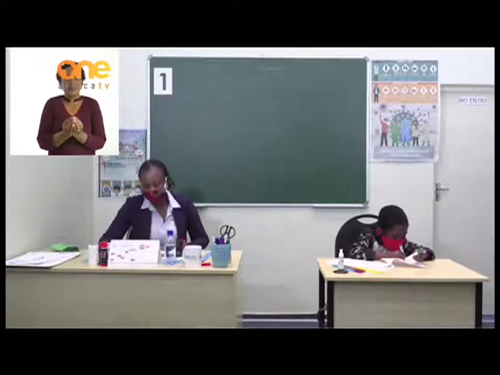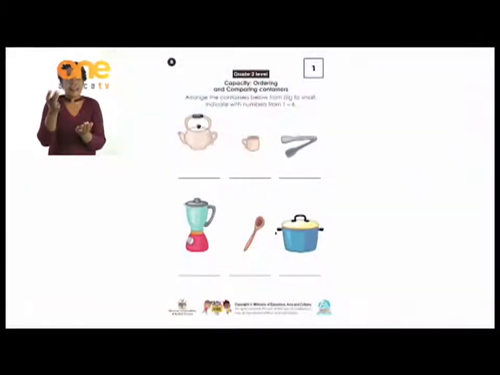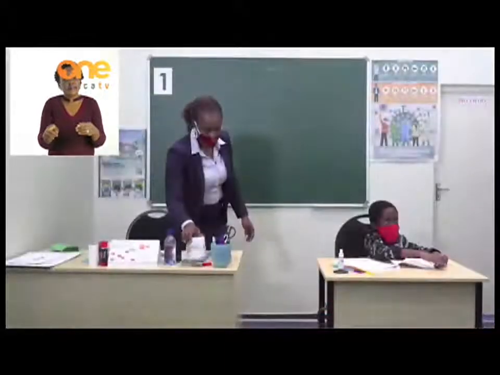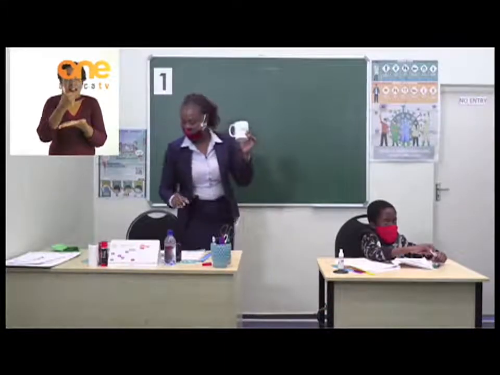Let's now turn to page 8, where we are going to talk about capacity. And on this topic, we are going to order and compare different containers. I'll use different containers from the table where I am. I have a cup.